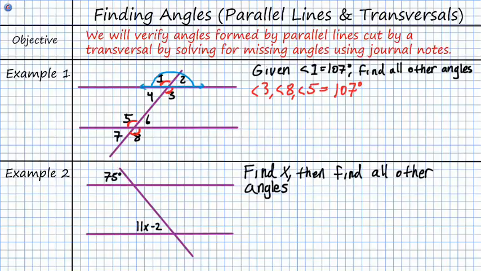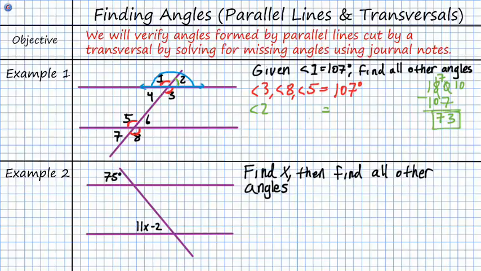It means that together their angles add up to a straight angle, or 180 degrees, which means that angle 2 is supplementary to angle 1. So I can say angle 2 is supplementary to 107, and if I take 180 and subtract 107, that should give me my value here.